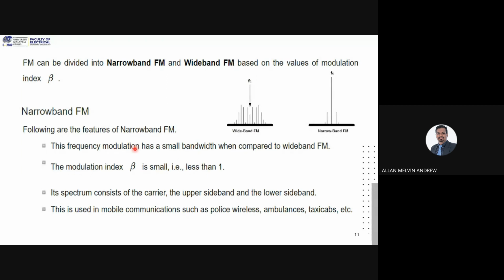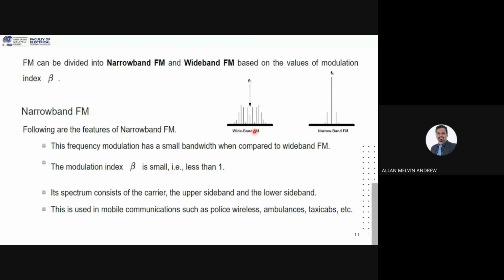For narrow band, the frequency will be a bit near, maybe between 500 to 1000. So it's very narrow. We can have that kind of comparison for narrowband.